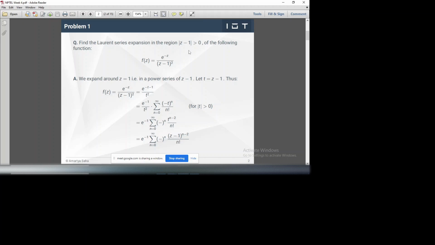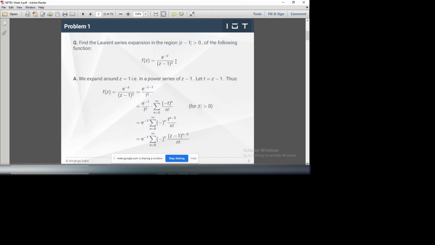So we are expanding around the point of non-analyticity of this function. That is why we are expressing it as a power series around the point z equal to 1, which is the point of singularity.